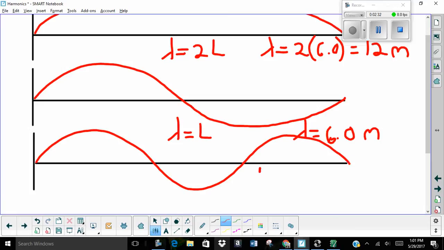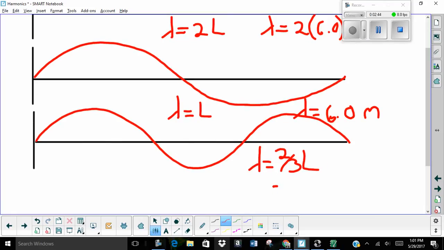That means that the wavelength is going to be 2/3 of the length of the string. So we'll have 2/3 times 6.0, which will turn into 12 divided by 3, or 4.0 meters in length.